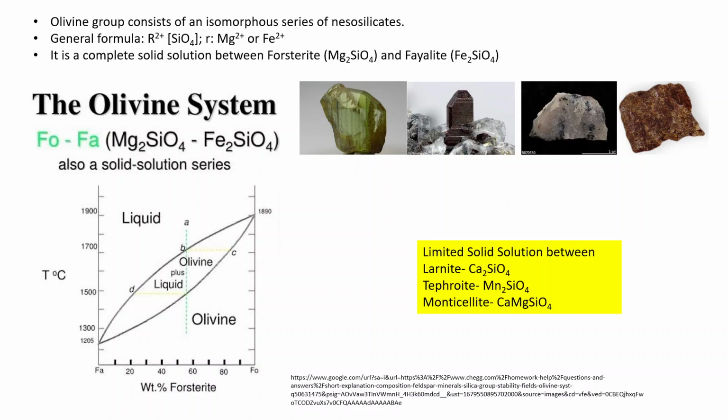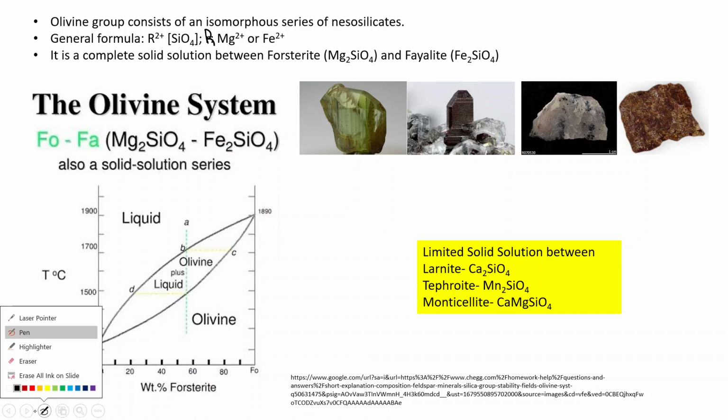Its general formula is R2+ SiO4, where R, this should be capital R, sorry, R is either magnesium ion or iron, Mg2+ or Fe2+. So these are the two end members of the olivine. The Mg bearing member is forsterite with the chemical composition of Mg2SiO4, while fayalite is the iron bearing member, Fe2SiO4.